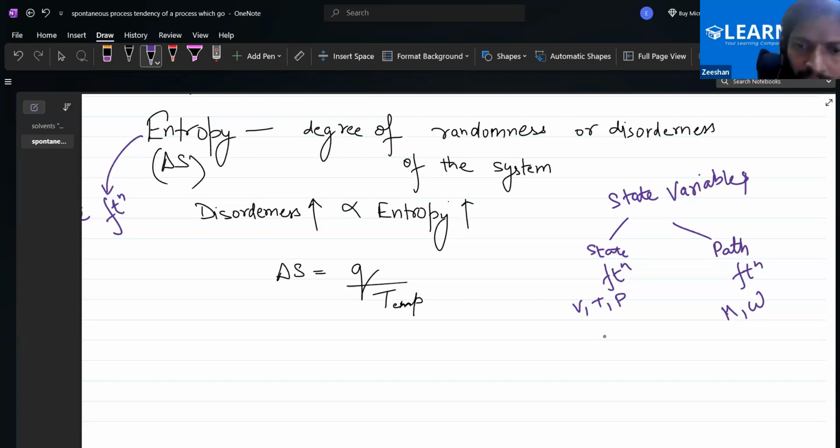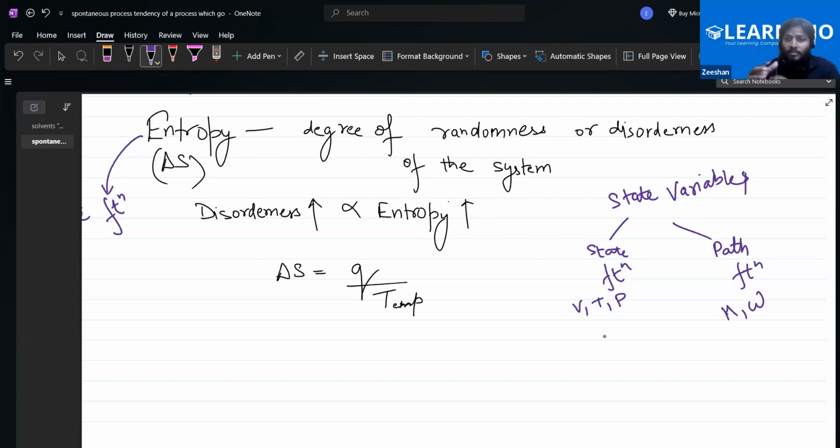In a vessel or container with some substance, like water in it, you are giving 20 kilojoule of heat by a burner, right? It may take some time, like 5 seconds, 10 seconds, 10 minutes, right?